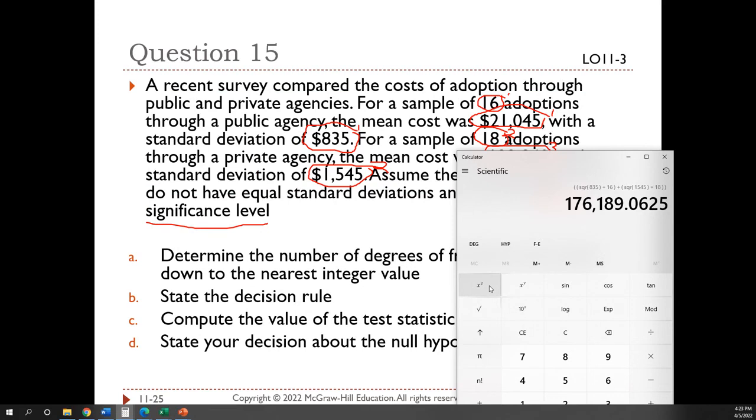Close parentheses, square that, then divide, put in parentheses again, 835 squared divided by 16, close parentheses, square that, divide by, now 16 minus 1, so 15, okay, plus, they really make this a lot harder than what it should be.